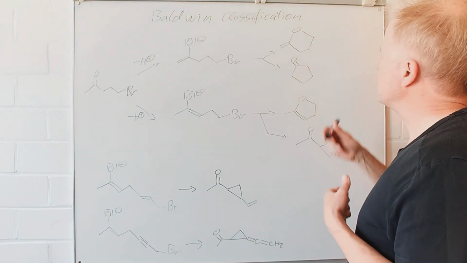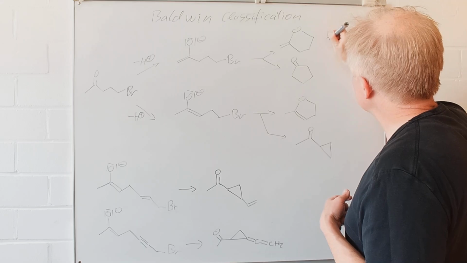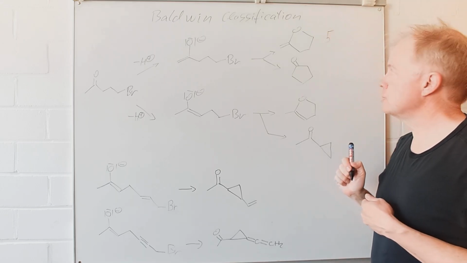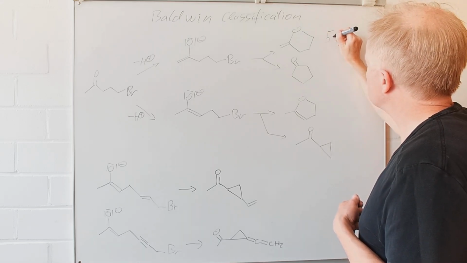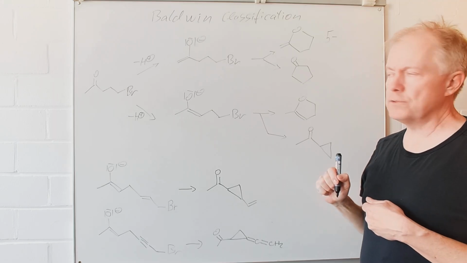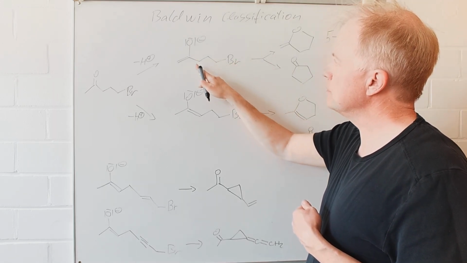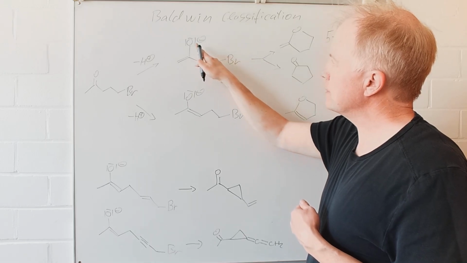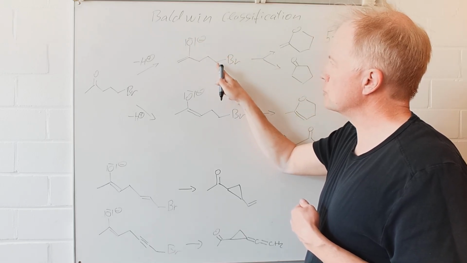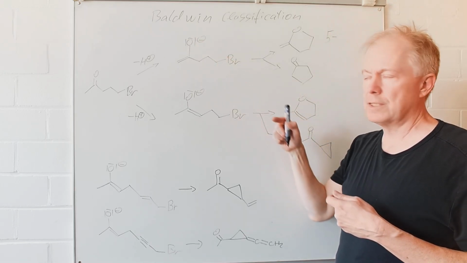Here a 5-membered ring is formed, therefore we have to write down simply a 5. Then we have a look at the bond which has been broken. So one bond has been formed from the oxygen to that carbon.